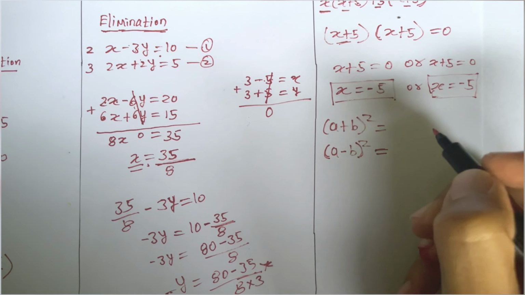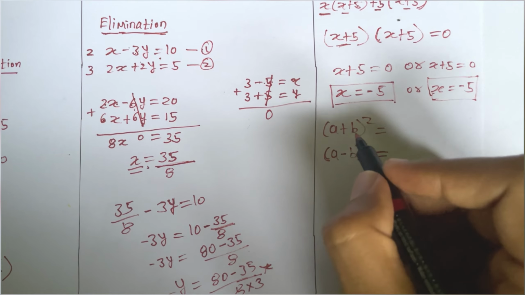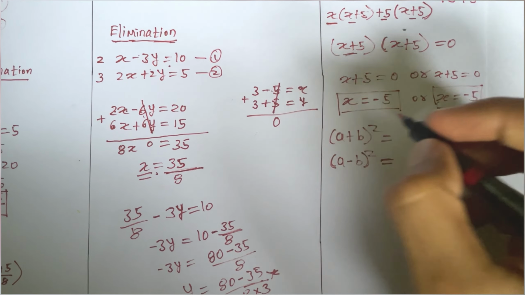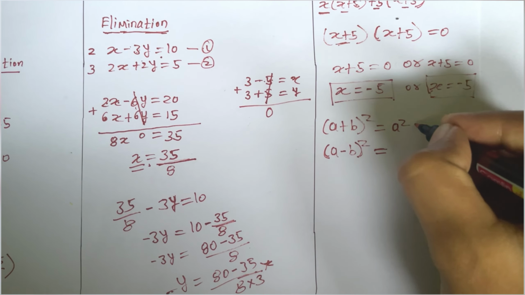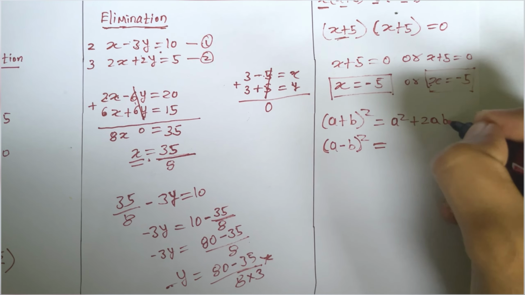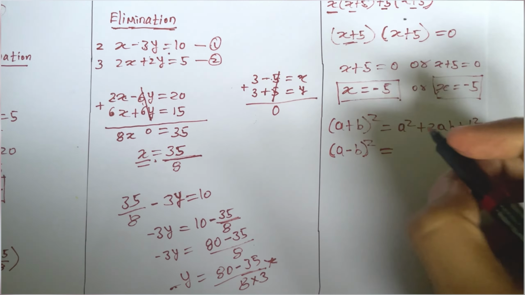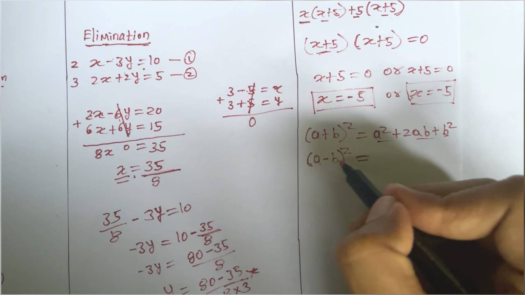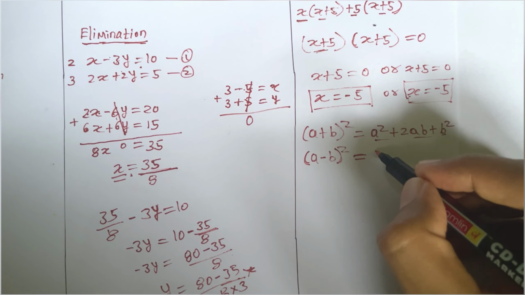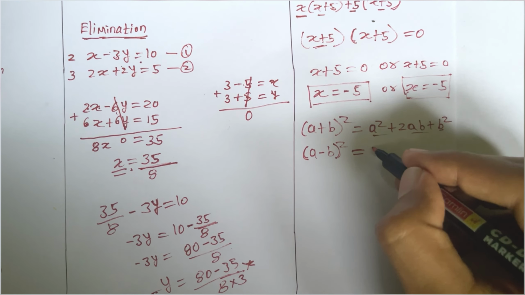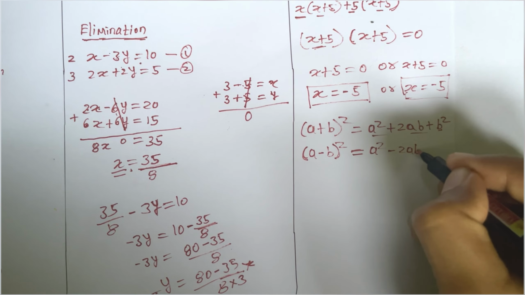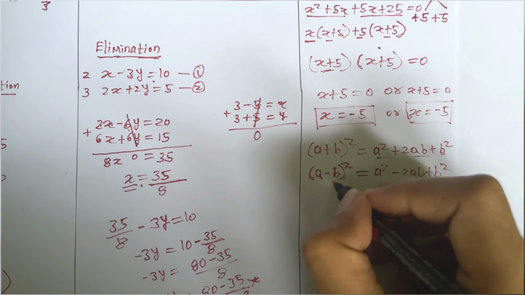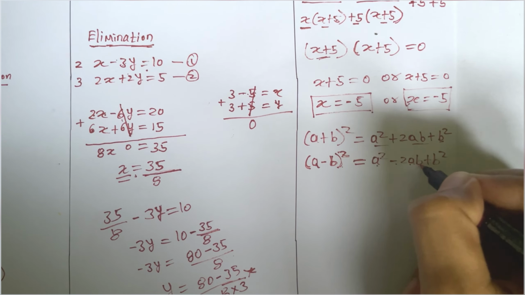The first is the square of a sum, and the formula is a square plus 2ab plus b square. Then what is the square of a difference? It will be a square minus 2ab plus b square. This is what we have in our formulas.